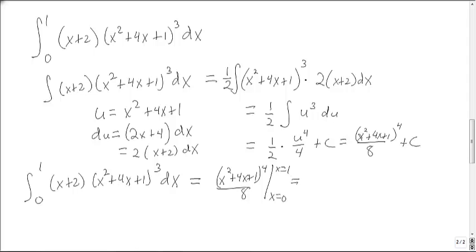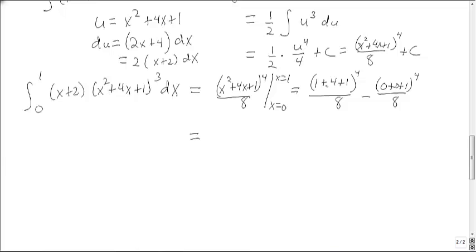And so now I'm going to plug in x equals 1. I'm going to get 1 squared is 1, plus 4 times 1 is 4, plus 1. So I get 1 plus 4 plus 1 to the 4th over 8, minus plug in 0. That gives me 0 plus 0 plus 1 to the 4th over 8.